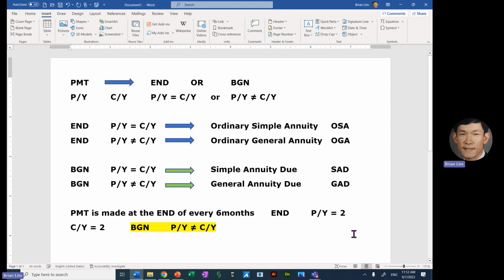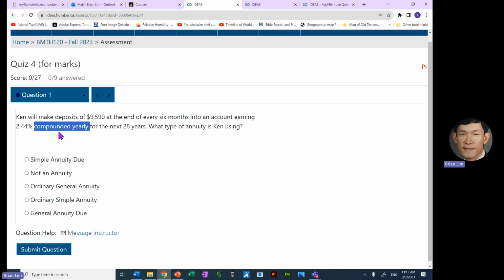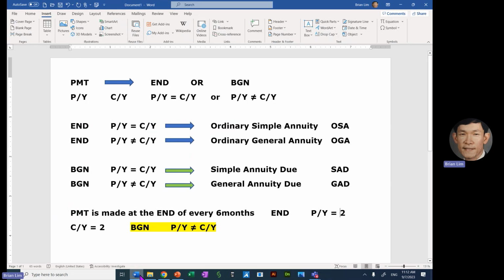So PY is 2. All right, let's go back. And it says compounding is yearly, so it means that CY would be 1. So what do we have? Well, instead of begin, we have end, correct?